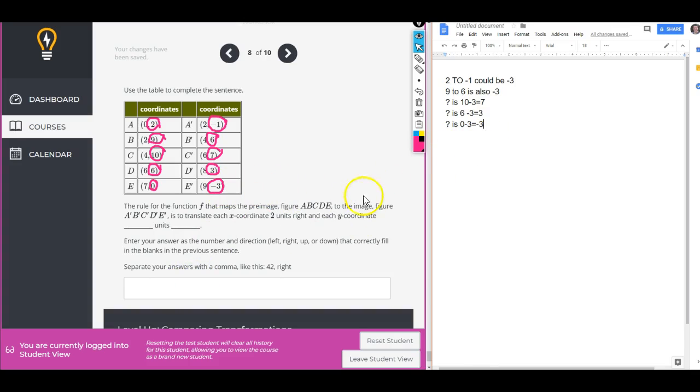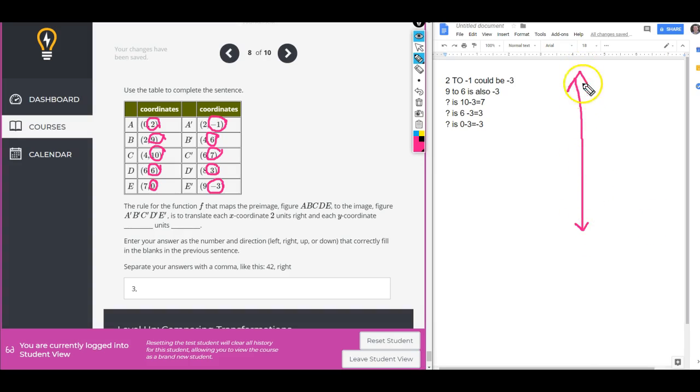So it is a translation of 3. Oh, I don't need to write units. 3, comma. Now, because I was subtracting, that means I'm going, if I were just to look at the y-axis, it runs vertical.